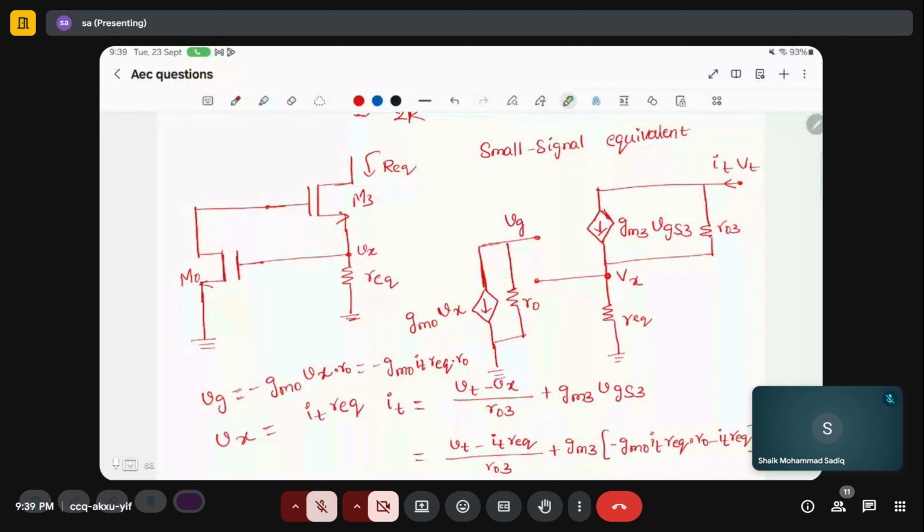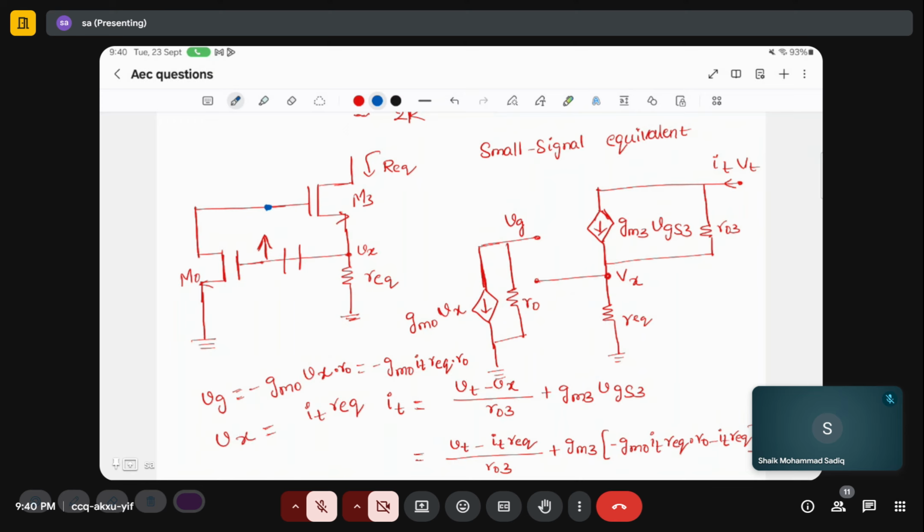Is it a positive feedback? I also have to check that. We can check actually. Yes, we can break the loop. I'm breaking the loop here. If I increase this potential, what happens to this potential? VG increases, VD also increases.